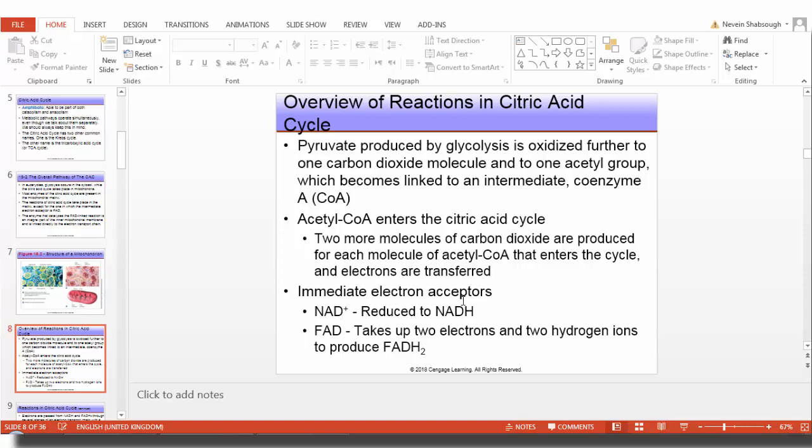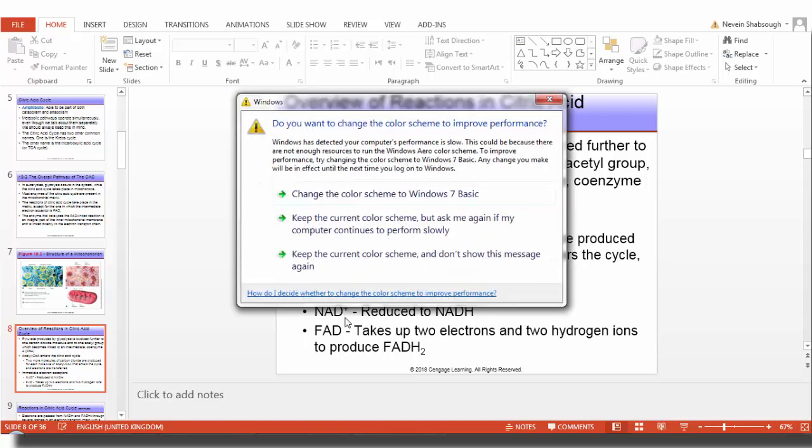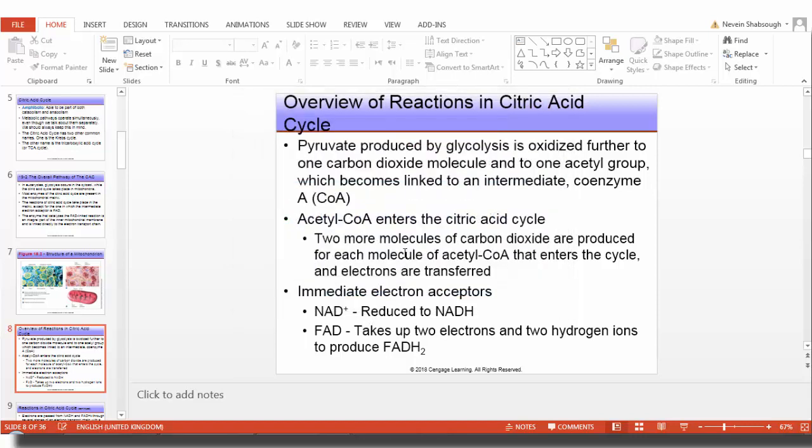Now, immediate electron acceptors in the cycle are NAD+, this oxidizing agent, NAD+ reduced to NADH, and FAD takes up 2 electrons and 2 hydrogen ions to produce FADH2.